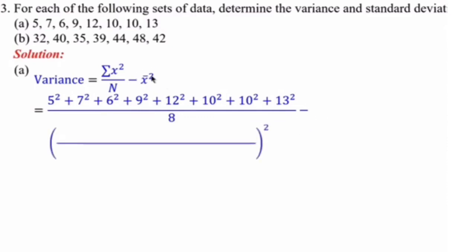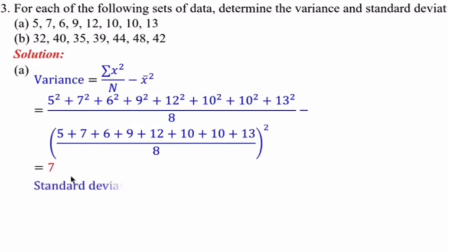Mean means you have to sum up the data: 5 plus 7 plus 6 plus 9 plus 12 plus 10 plus 10 plus 13, divided by 8, and you square. Then you press your calculator and you get 7, and the standard deviation is the square root of 7, which is equivalent to 2.646.